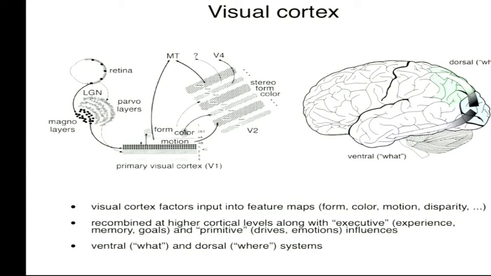It's got a whole bunch of different layers, and it's got columns of fibers going down. So it's very rectilinear. And what happens in the primary visual cortex is that the input from the LGN, from the magno and the parvo system, gets split into these different layers, and there are 8 different layers that people have identified. These layers are tuned to code for different features in the image, right?